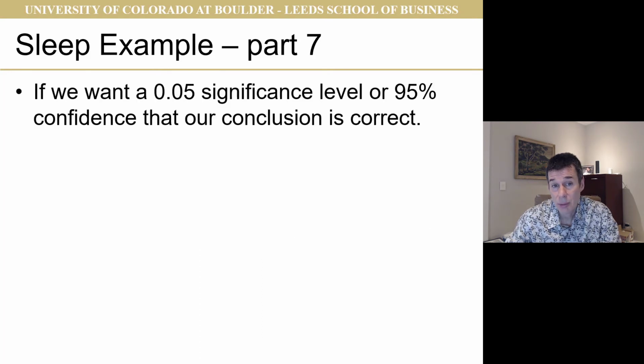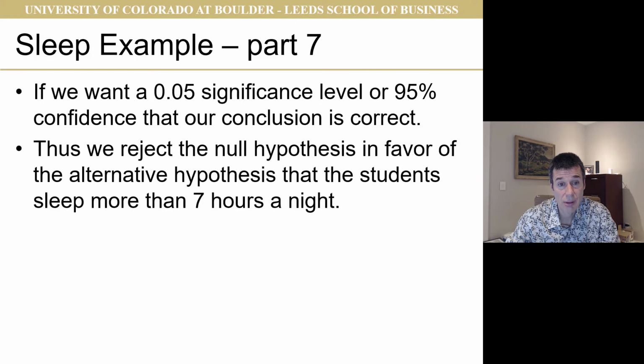If we want a 0.05 significance level, or 95% confidence that our conclusion is correct, then we would reject the null hypothesis in favor of the alternative hypothesis that students sleep more than 7 hours a night. And that's because our p-value is smaller than the significance level.